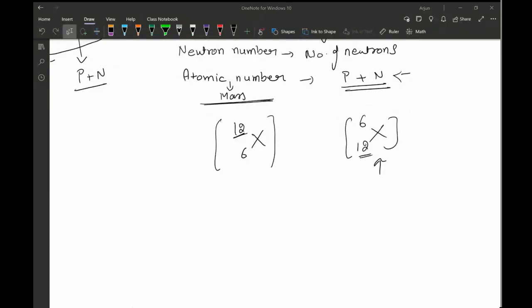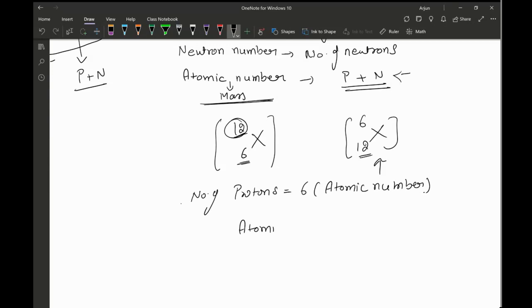Now, in this one, I wanted to find the number of protons. Number of protons is equal to 6 in this case, and that is also called the atomic number. And number of neutrons, if I wanted to find out, so this is the atomic mass.